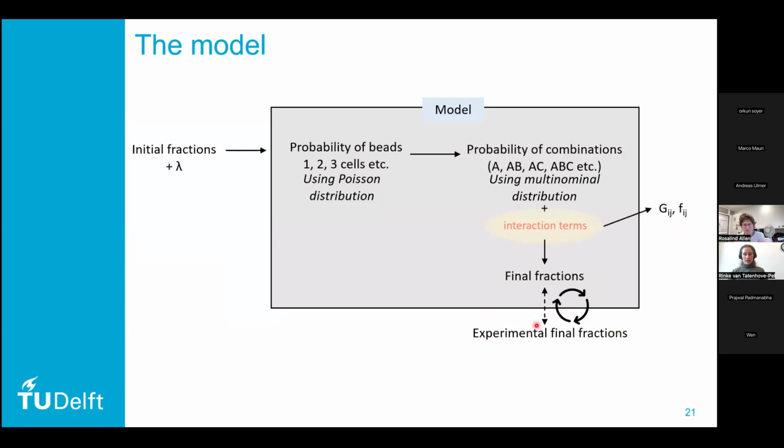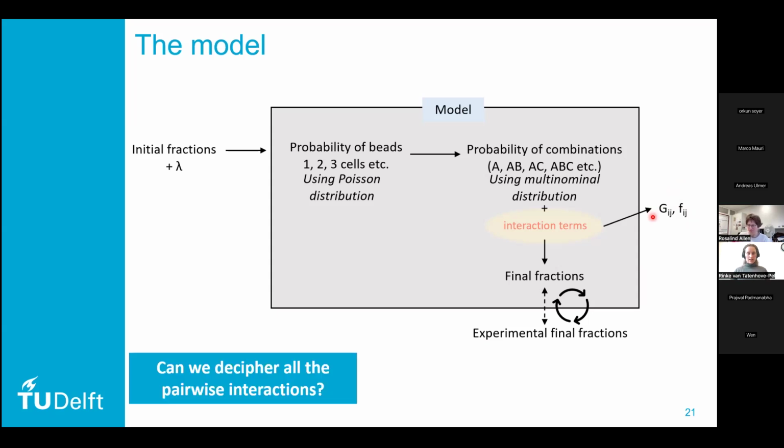And then, of course, we can let the model iterate, changing these interaction terms to find the most likely interaction terms. And then the question is, can we decipher all the pairwise interactions in the system in this way?